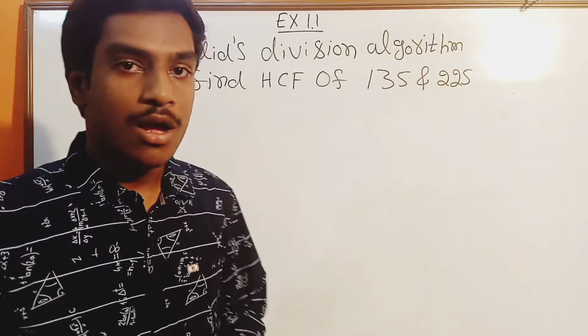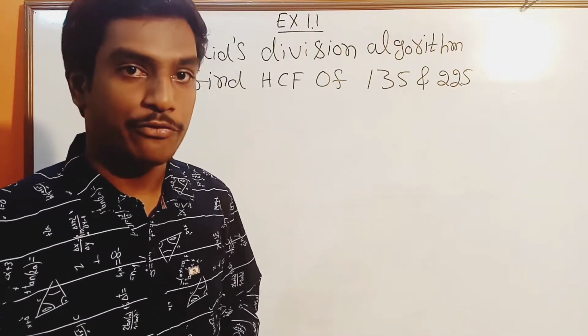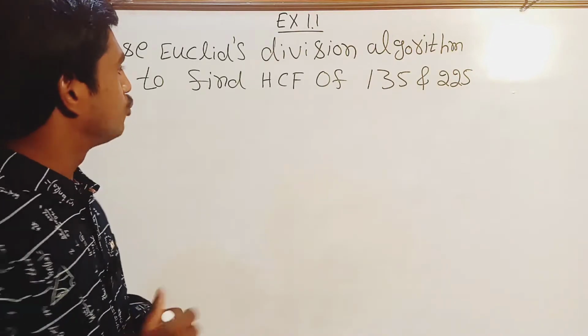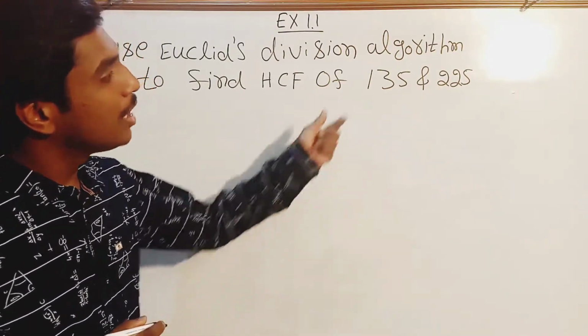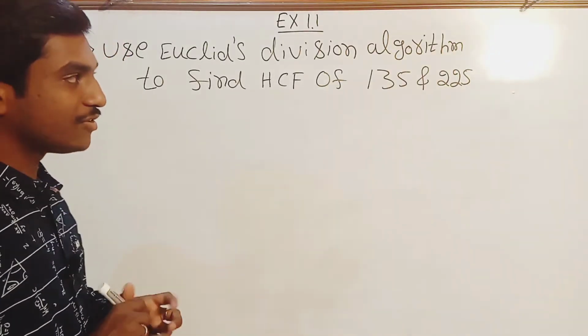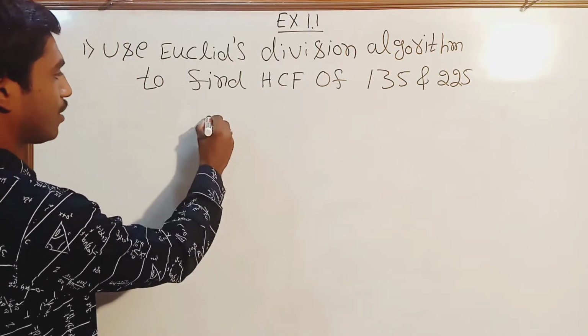Now, using Euclid's division lemma, let us find out how to find the HCF, which is called highest common factor. So the first problem is to find the HCF using Euclid's division algorithm of 135 and 225. For this, first we will divide 225 by 135.